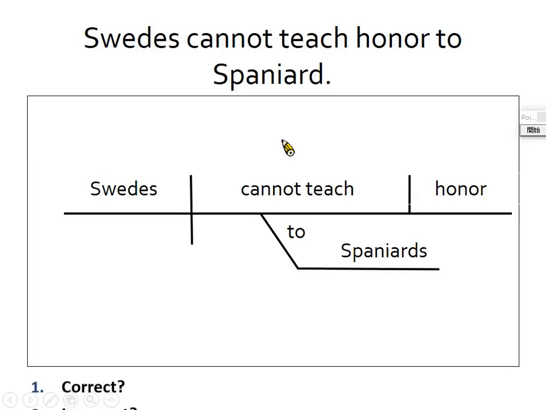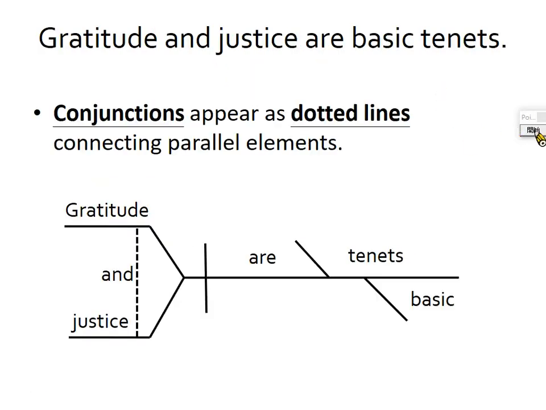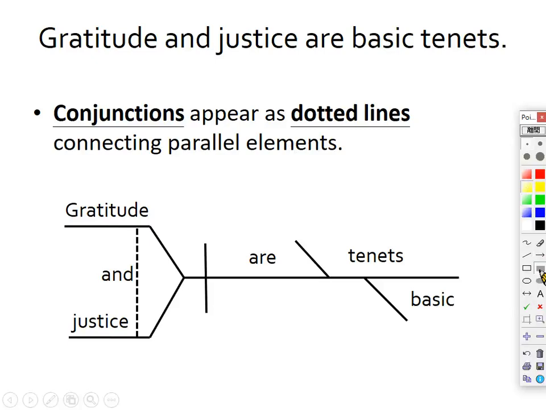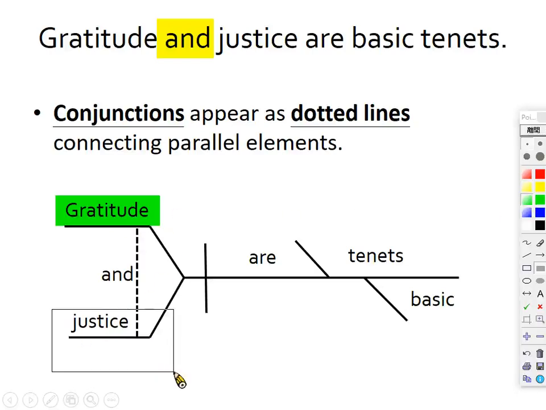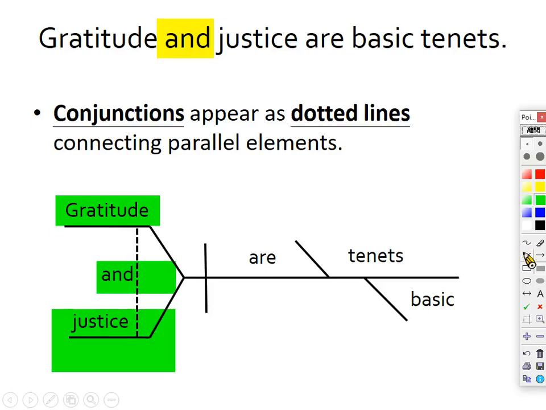And the other one is about "and." We have a conjunction here, right? So gratitude and justice are basic tenets. So gratitude is the subject, and justice is also a subject connected by "and." So let's take a look here.